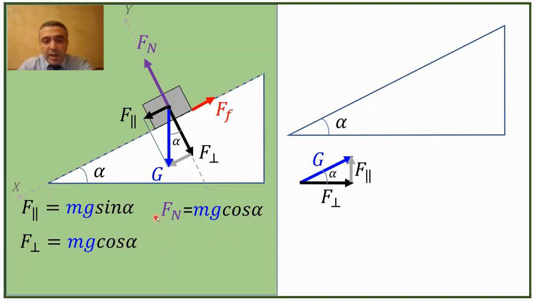alpha. And the normal force, as I said before, is opposite to the perpendicular force. So the normal force equals mg cos alpha. You see that the perpendicular component and the normal force are equal to each other.